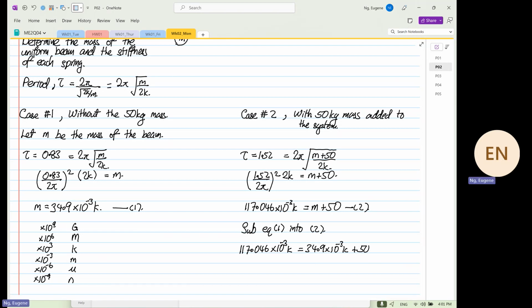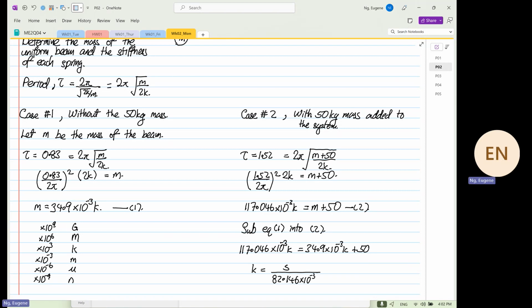For this case, the stiffness will be equal to 117.046 times 10 to the power minus 3 divided by 34.9 times 10 to the power minus 3. So it's equal to 82.146 times 10 to the power minus 3.